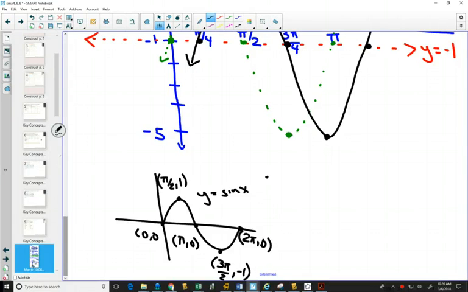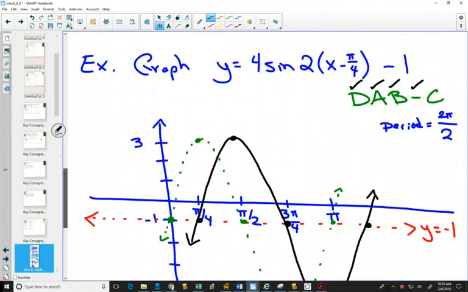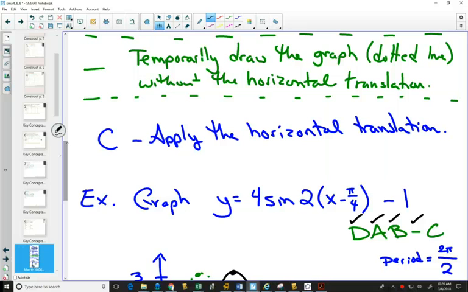So you're already dealing with those 5 points, and then you would have to multiply y coordinates by 4, x coordinates by half. Then add pi over 4 to x, subtract 1 from y.